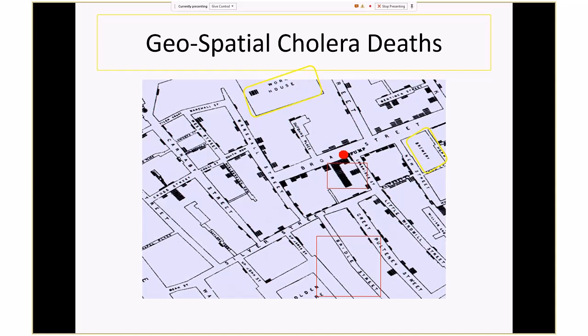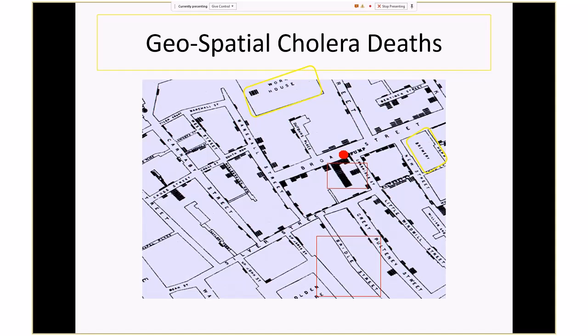So this case is amazing to me because there was a doctor in the 1850s in London, and there was a cholera epidemic, and people were dying by the hundreds, and nobody could figure out how to solve this public health crisis. So what he did was he made a map, and he had a hunch.